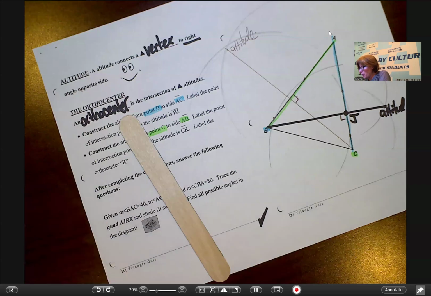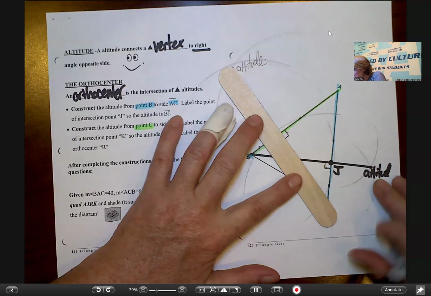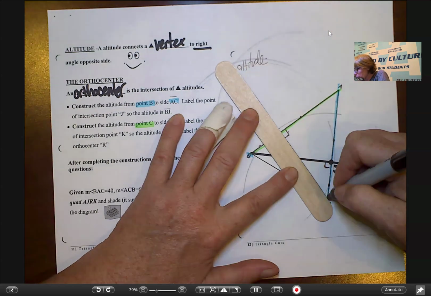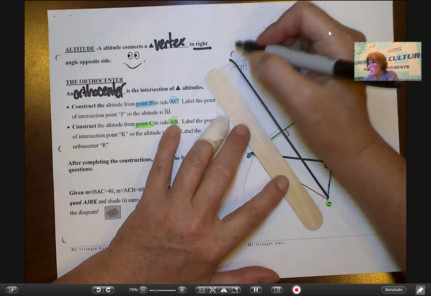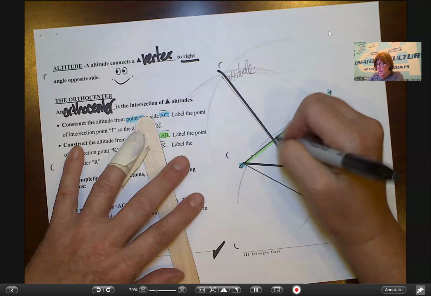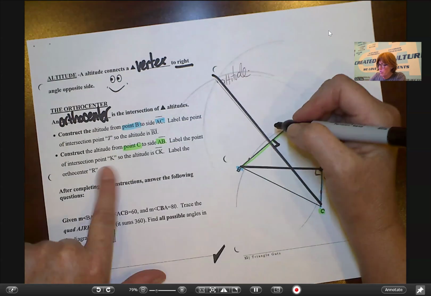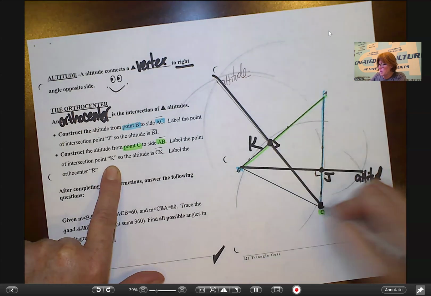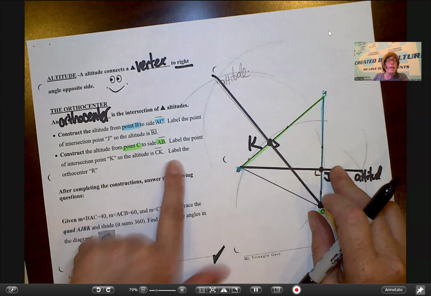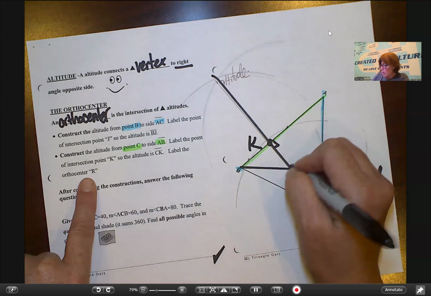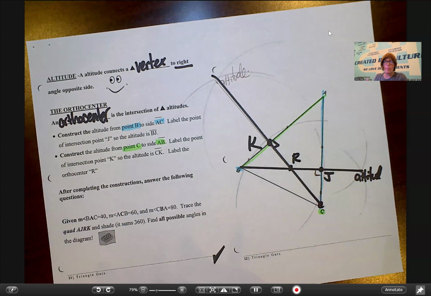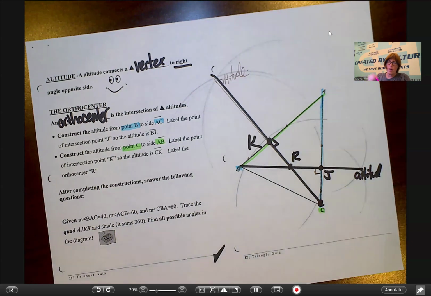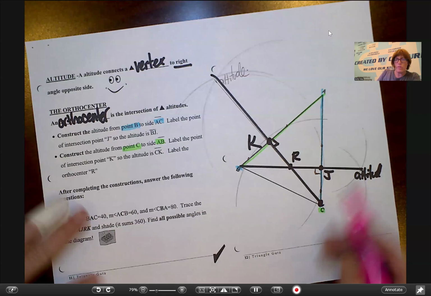That's going to be another altitude at a right angle, and it says we want to call that point of intersection K, labeling the altitude C to K, and label the orthocenter R. Now, after completing those instructions, I give you 3 angle measures.